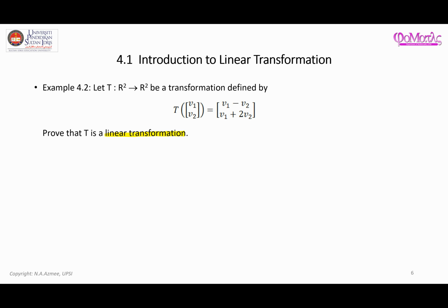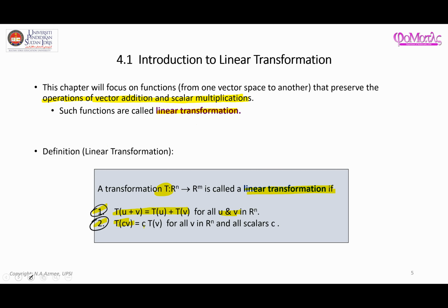Okay, so in order to be a linear transformation, number one, you have, well, you can see here, this is vector v. So we try to use different alphabets, even though what is given here is originally u and v, but we can choose different alphabets to denote the vectors.